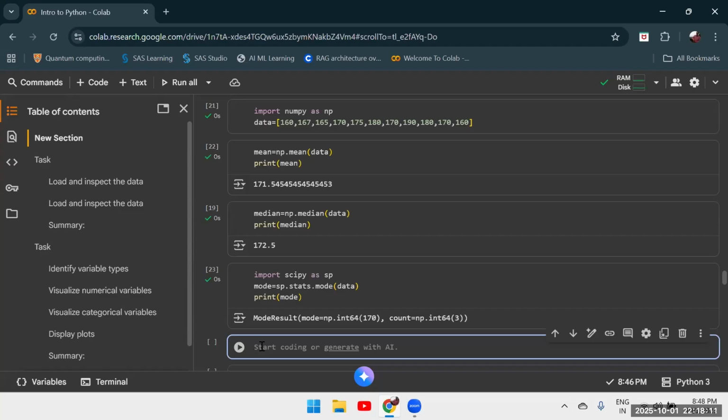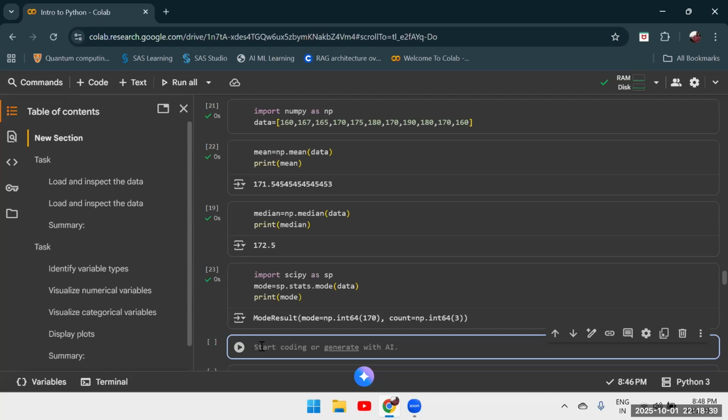But if from the data itself you want to see whether it is normally distributed or not, you first compute the mean, then the mode, and then the median. If all the results are near each other, it will be a normal distribution. Yes, exactly. If all results are equal, it's a perfect normal distribution.